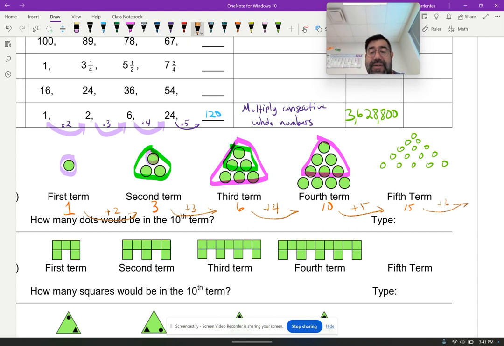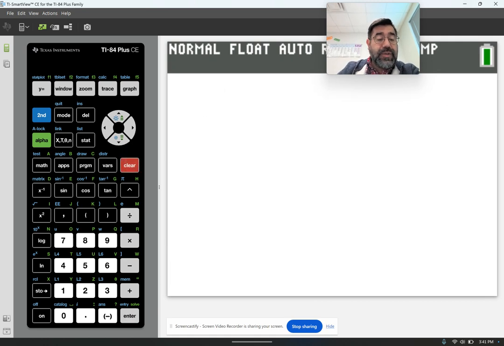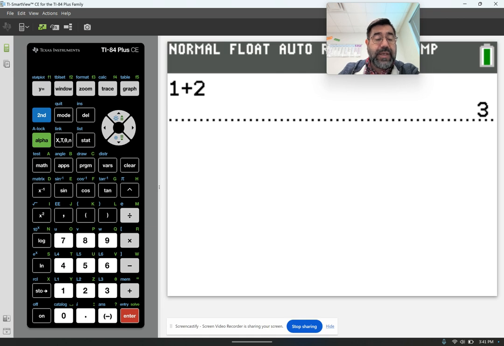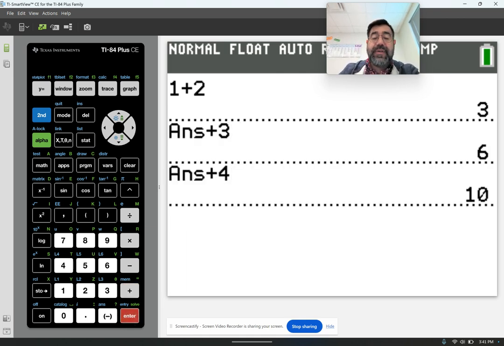To get to the 7th term, we're going to add 7 to whatever we got before, and keep on going that way. So using my handy-dandy calculator, let's see if we can figure that out. So we started with 1. We add 2, and this is the second term. We add 3, and this is the third term. We add 4, fourth term.